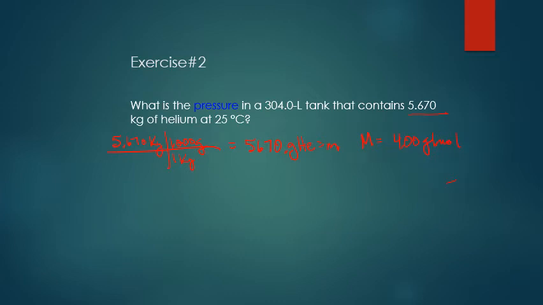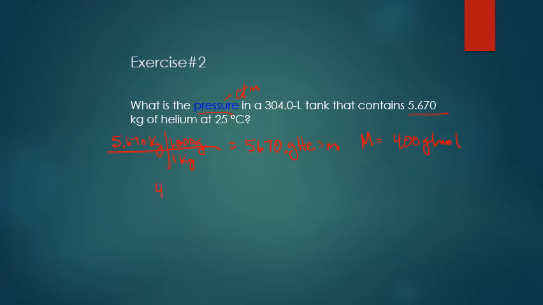And you'll notice in this question, it just says what is the pressure. It doesn't tell us what unit to solve it in, so we can choose whichever one that we would like. So in this case, I'm going to go ahead and solve for the pressure in atmospheres, and we'll plug in our values and solve the problem.